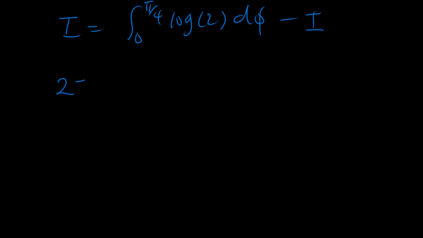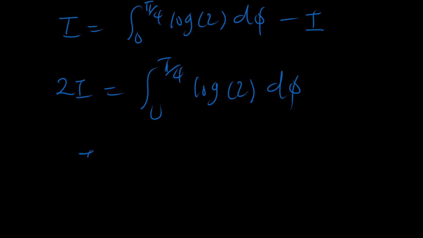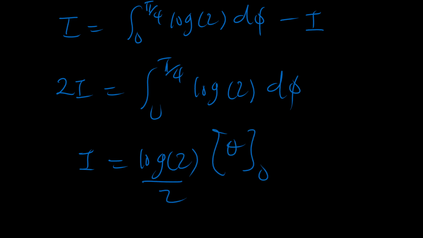So we've seen that now I is equal to the integral from 0 to pi over 4 of natural logarithm of 2 d phi minus I, and therefore 2I is equal to the integral from 0 to pi over 4 of natural logarithm of 2 d phi, and so I is equal to natural logarithm of 2, which is a constant, times phi, divided by 2, with limits 0 and pi over 4 for our phi, sorry, not theta.